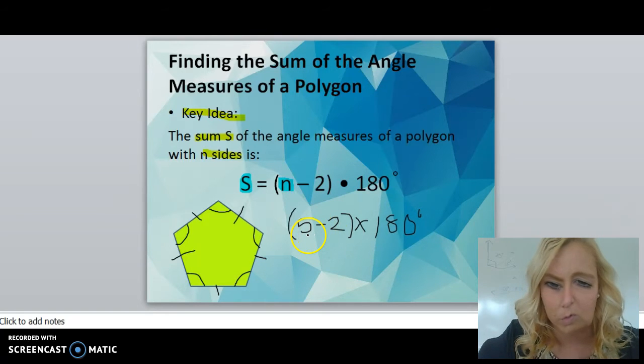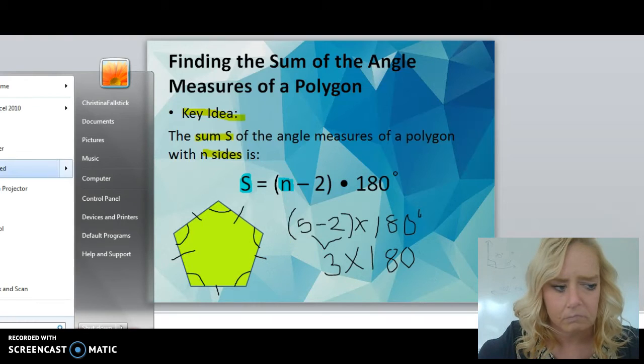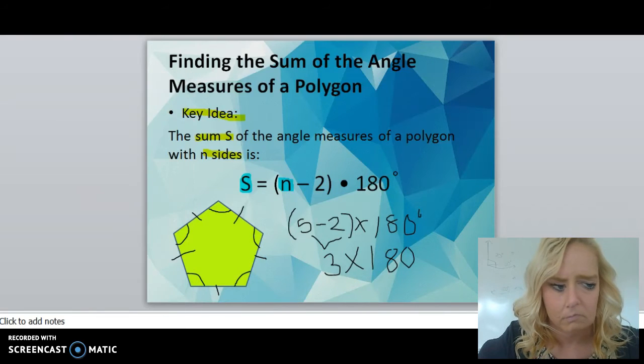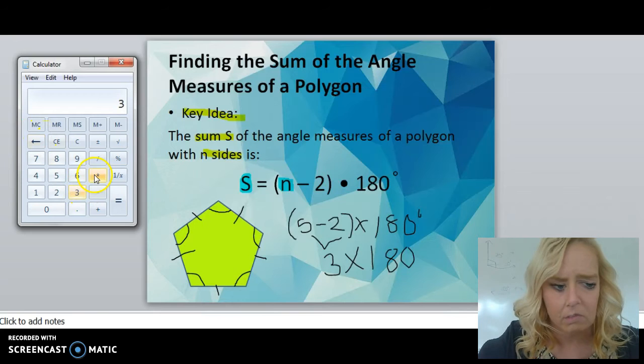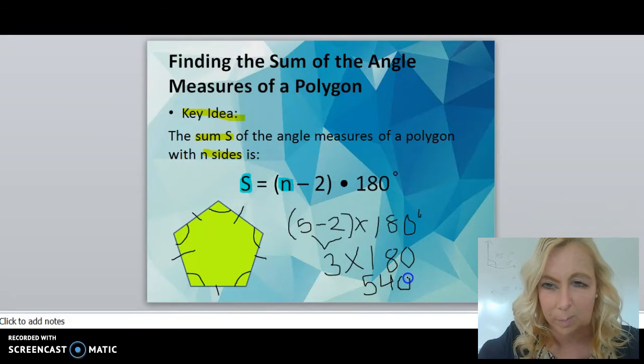So I'm going to use order of operations, take my number of sides minus 2, which is 3. 3 times 180 degrees. You can use your calculator to check. Three times 180 is 540. So that means all of these angles add up to 540.